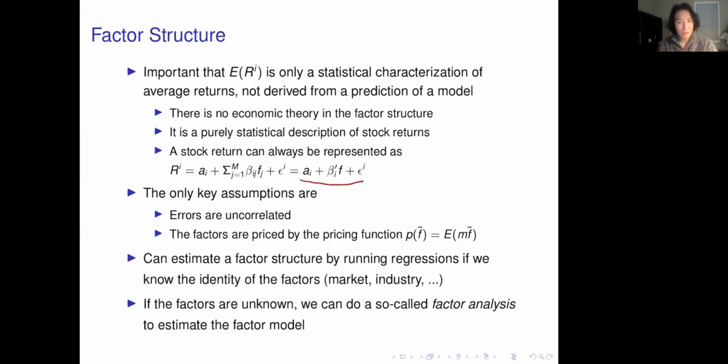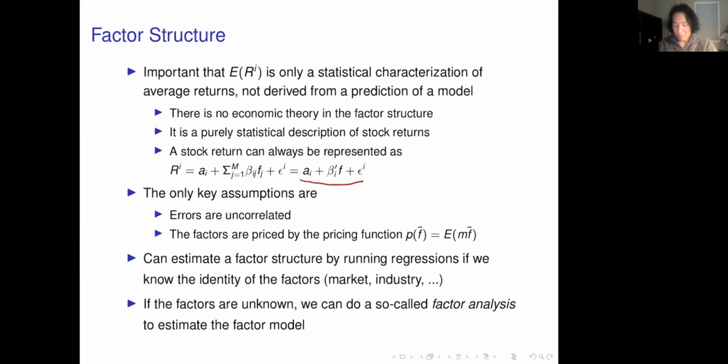The key assumptions that should hold are that the error terms, or the idiosyncratic components, shouldn't be correlated across assets, and the factors should be priced. In other words, the expected return on the factors should be greater than the risk-free rate.